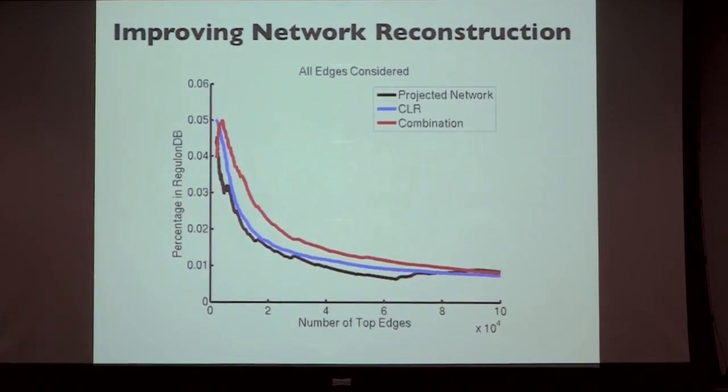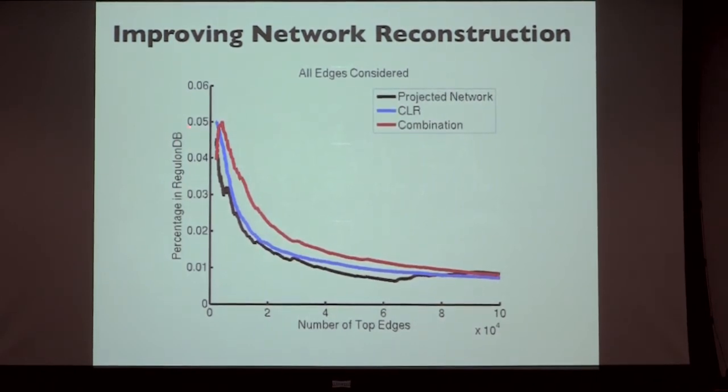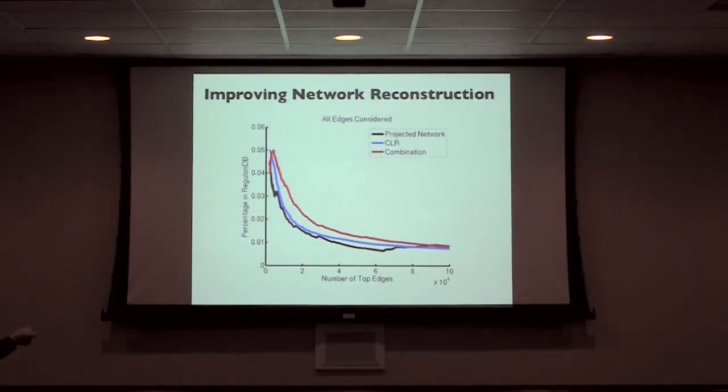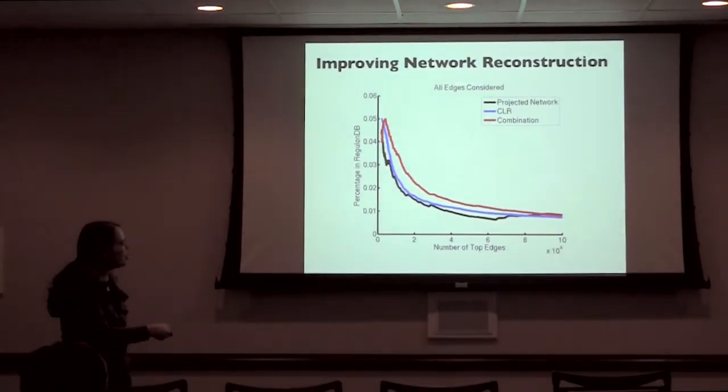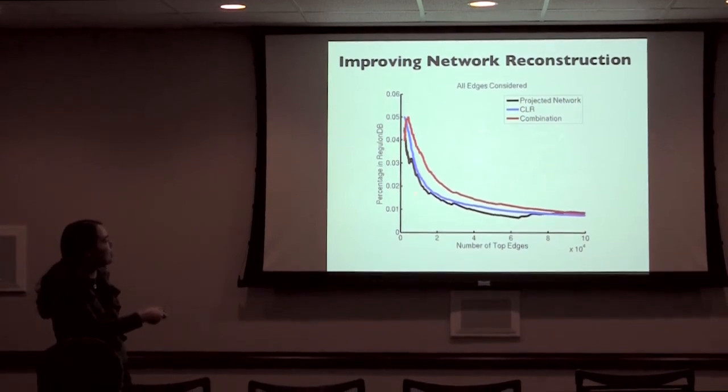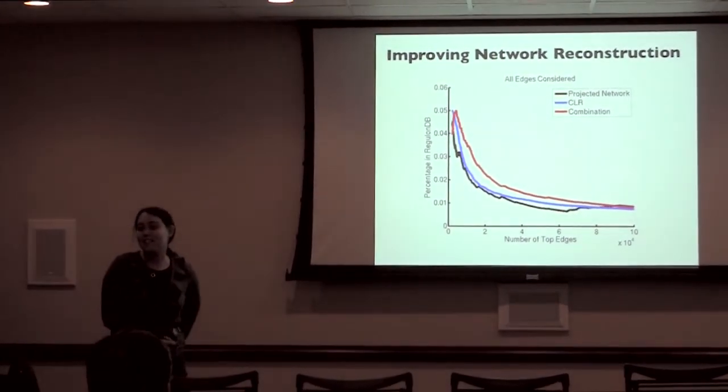So if we look at the percentage of edges in the inference method that are actually in the gold standard as a function of the threshold, then we see that we're doing about the same on our projected network as the high throughput method. I mean, we do a little worse, but actually not significantly worse.